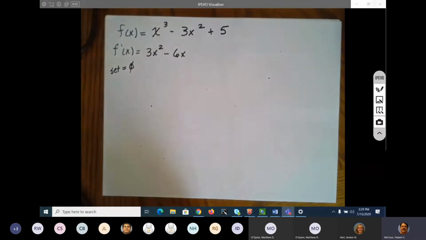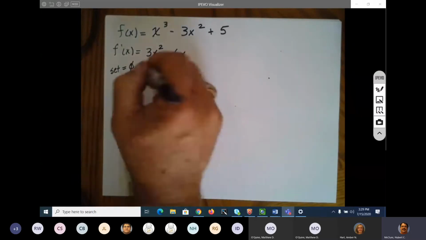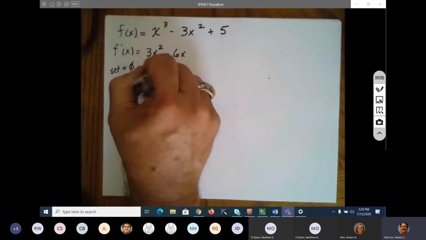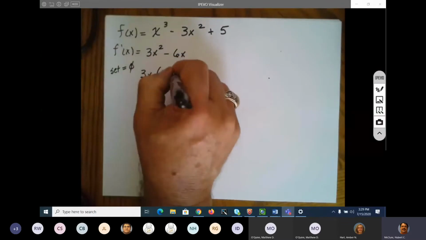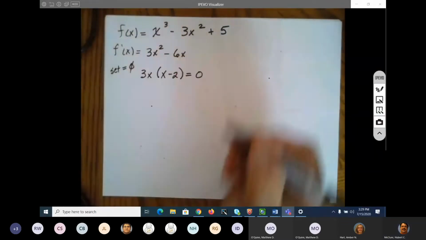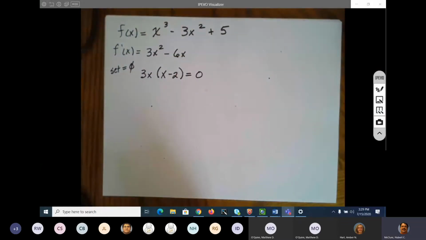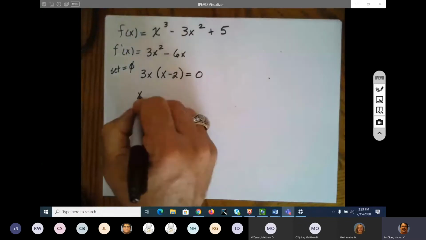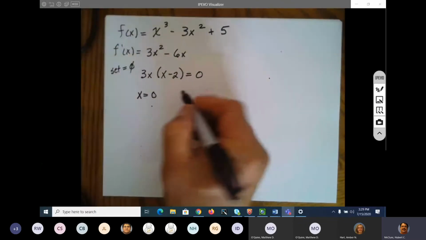And of course, you're going to factor out that 3x to make it easier. So 3x times x minus 2 is equal to 0. So our values are x is equal to 0 and x is equal to 2.